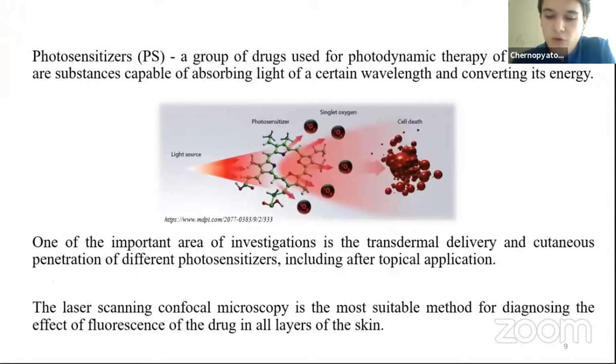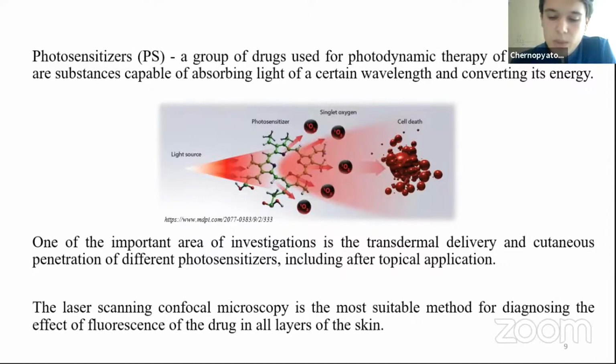Photosensitizers are a group of drugs used for photodynamic therapy. These are substances capable of absorbing light of a certain wavelength and converting its energy. Activation of PS by light energy leads to triggering of photochemical reactions and the appearance of the fluorescence effect, which can be detected with the help of special devices.